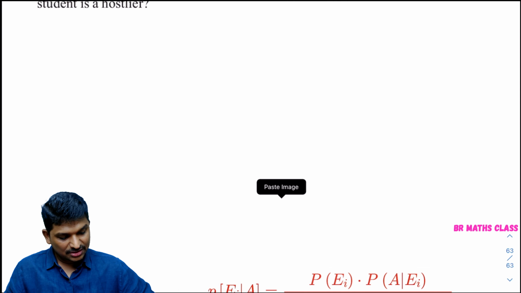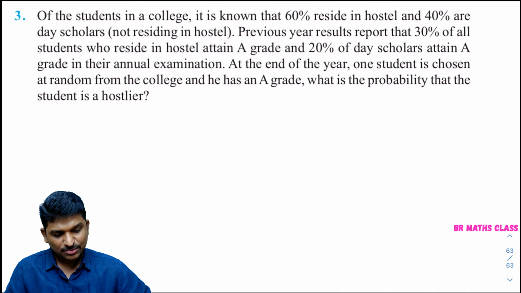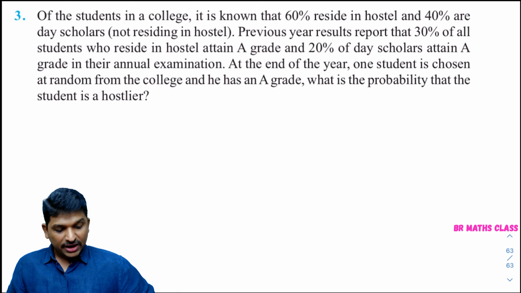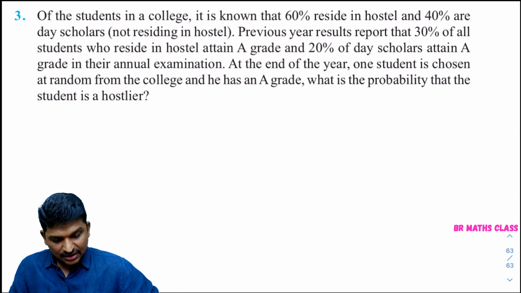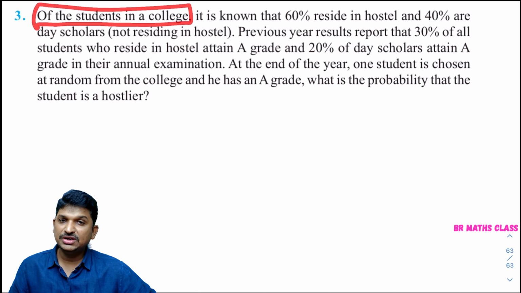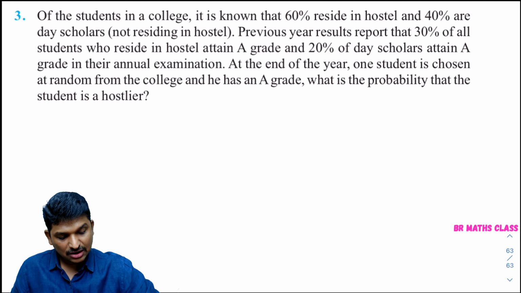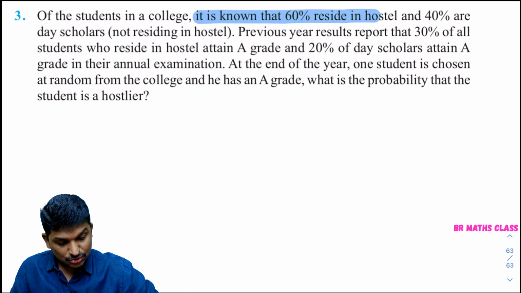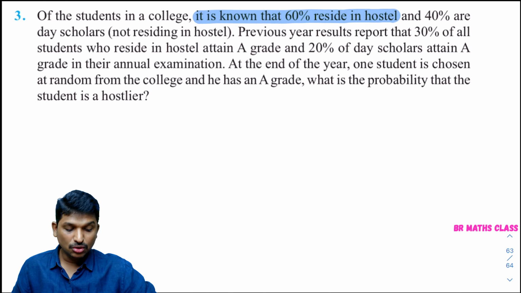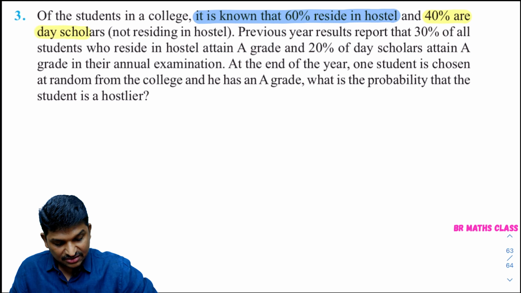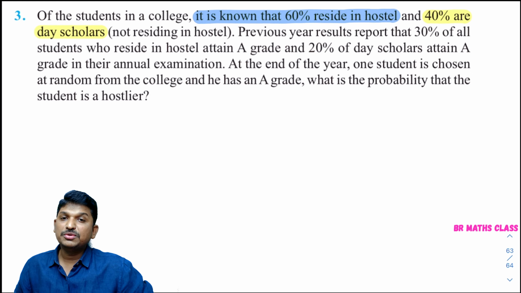Now see, next question. Reading the question takes some time in this exercise number 13.3. Try to understand what they are asking. Of the students in a college, it is known that 60% reside in hostel. That means 60% of the students are hostelers, and they are given that 40% are day scholars.